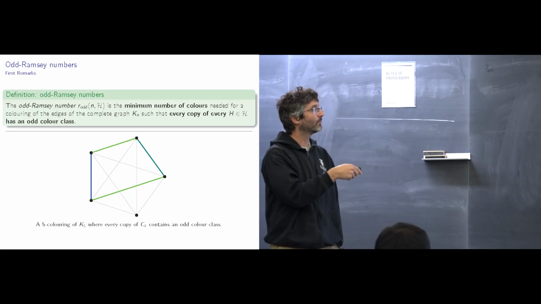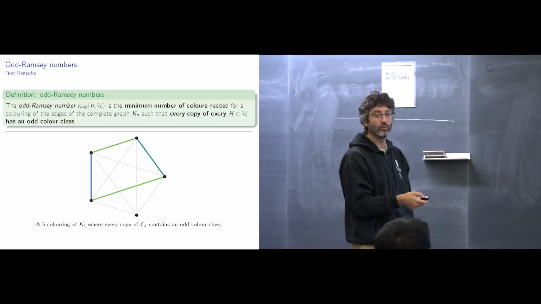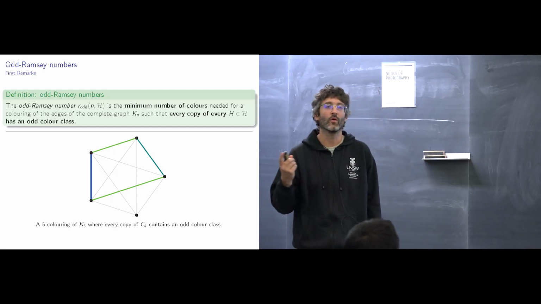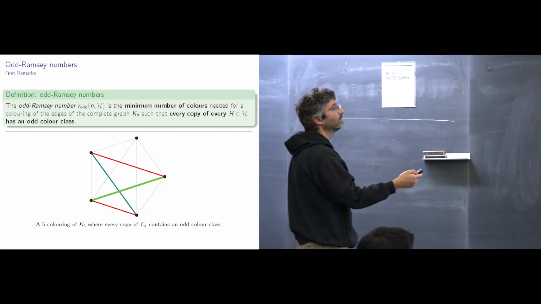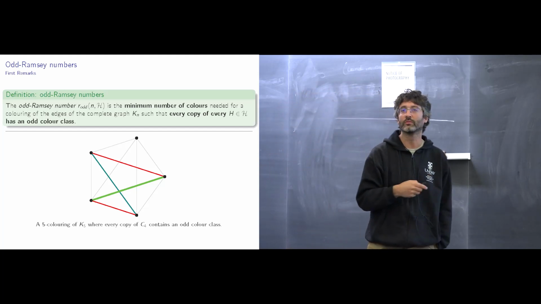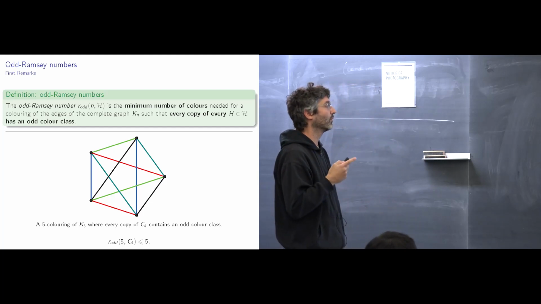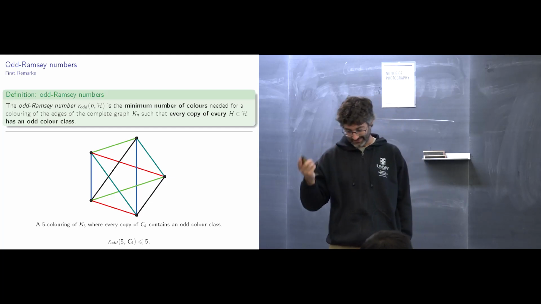That's one example. I've got a cycle of length 4, and it contains one odd color class because, for instance, the blue appears once. So 1 is odd. You look at another cycle, you got the green one, etc. And you look at all possible cycles, you're going to have at least one color that appears an odd number of times. So it's not easy.